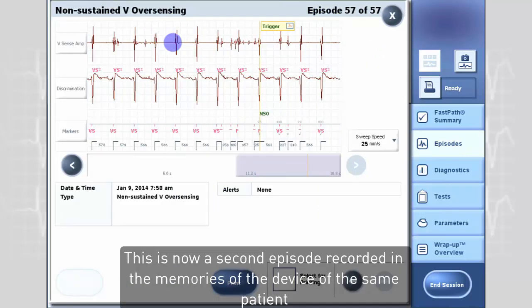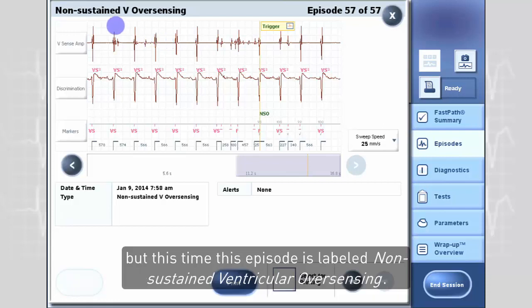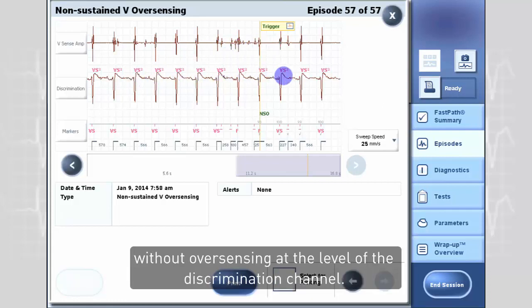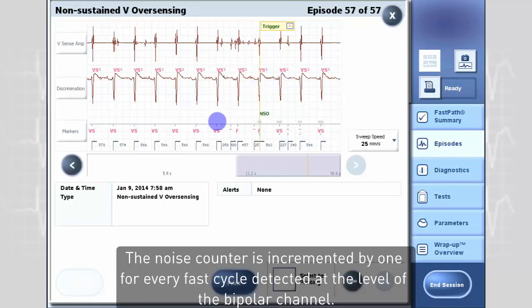This is now a second episode recorded in the memories of the device of the same patient, but this time the episode is labeled non-sustained ventricular oversensing. We can recognize the same problem of oversensing at the level of the bipolar channel without oversensing at the level of the discrimination channel. The noise counter is incremented by 1 for every fast cycle detected at the level of the bipolar channel.